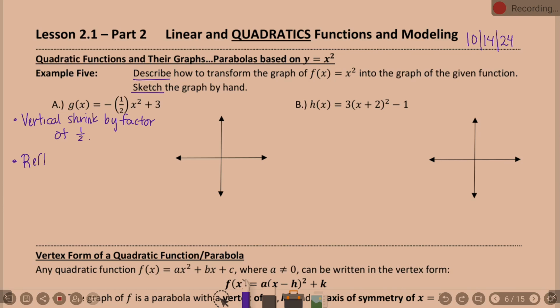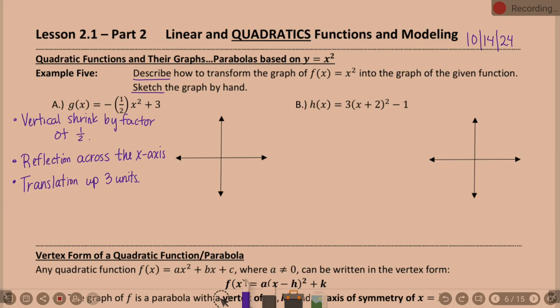There is a reflection across the x-axis, and a translation, excuse me, what do we say? Up 3 units. Okay.